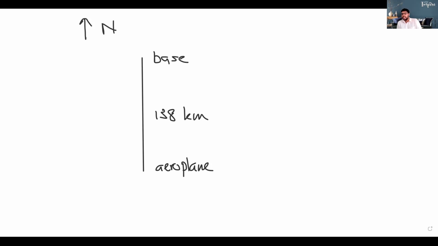And it also says the drop-off point for its cargo. Now it's carrying some cargo, right? The drop-off point for the cargo is 83 kilometers west from the airbase. So due west means, children, directly west, from the airbase. So that means from the airbase, 83 kilometers. This is the drop-off point.